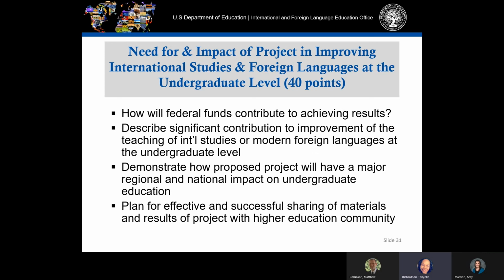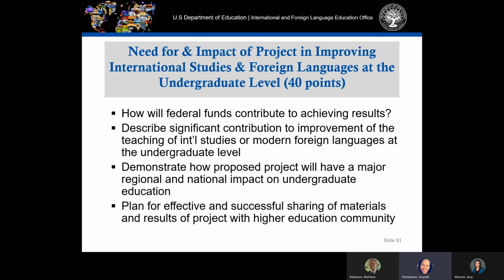This particular criterion is only for nonprofit organizations, and here is the bulk of your points, 40 points. You'll talk about how federal funds will contribute to achieving the goals, and explain any kind of relation to higher education you have.